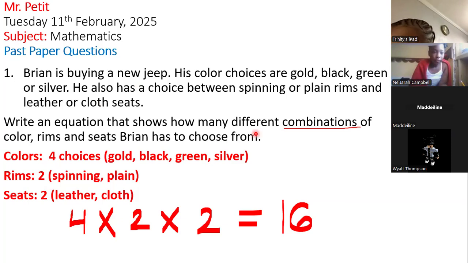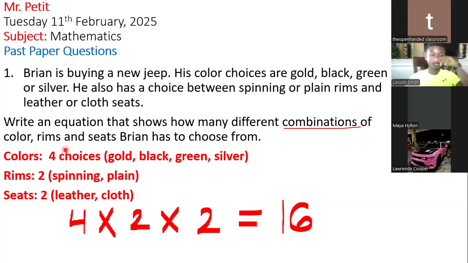But the rest of us, do we understand how we got this answer? Yes, sir. So all we did, based on how many options you have, was multiply them using the product rule. There are 4 color choices, gold, black, and so on, so there are multiple choices. You could choose the gold, plus the spinning rim, plus the leather seat.